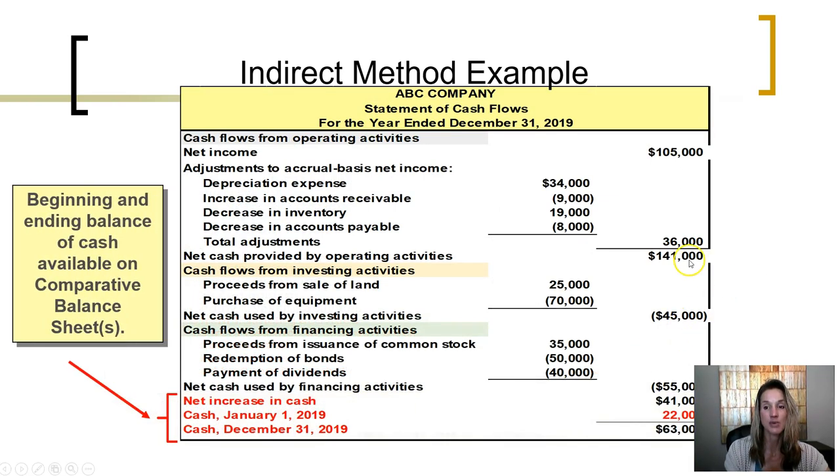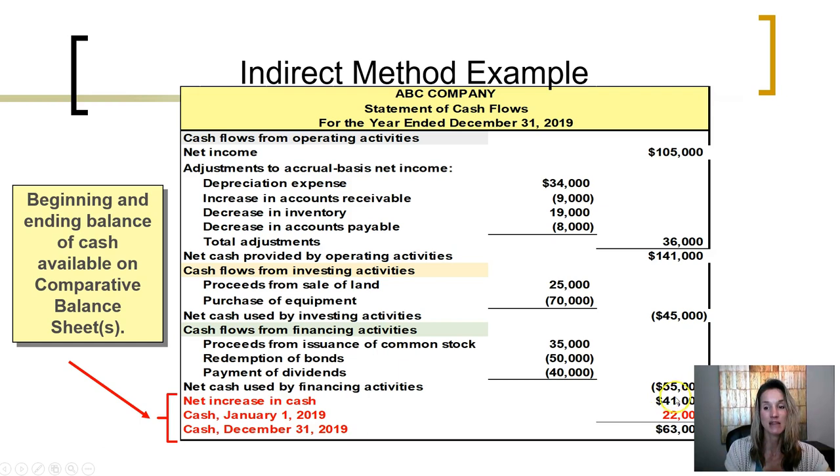Once we have the three sections prepared, we combine the cash inflow from operating with the cash outflow from investing and cash outflow from financing. Those overall combined give us a positive $41,000, indicating that overall all of the company's activities increased the company's cash balance.